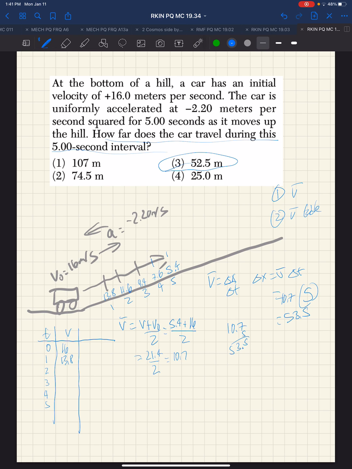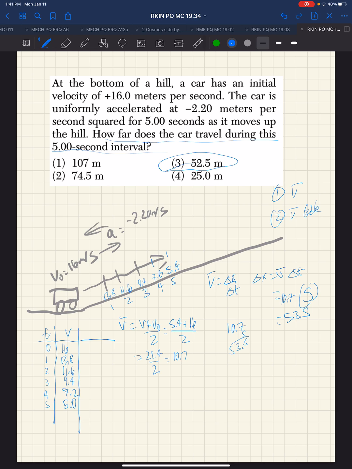Minus another 0.2 is 11.6. Minus 2 is 9.6. Minus another 0.2 is 9.4. Minus 2.2. Minus 2 is 7.4. Minus another 0.2 is 7.2. And number 5 would be 5 meters per second.